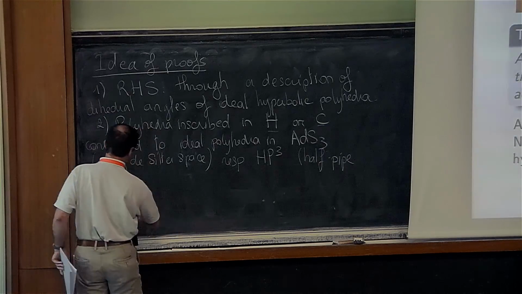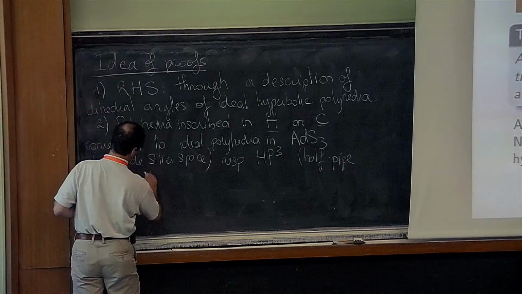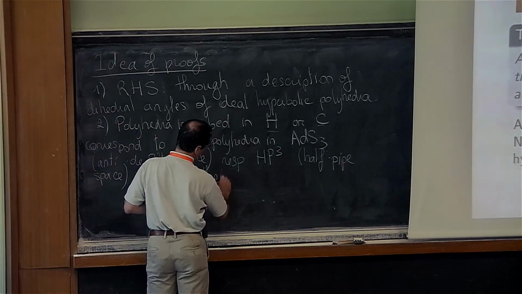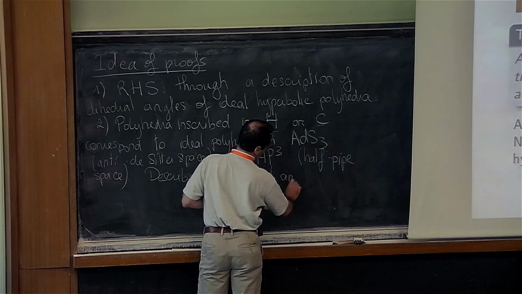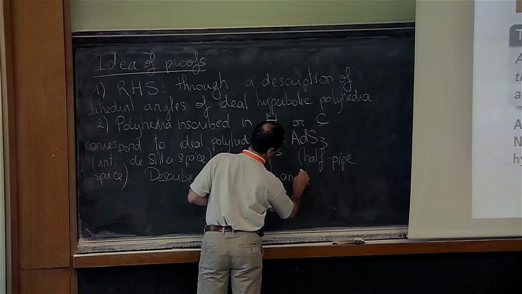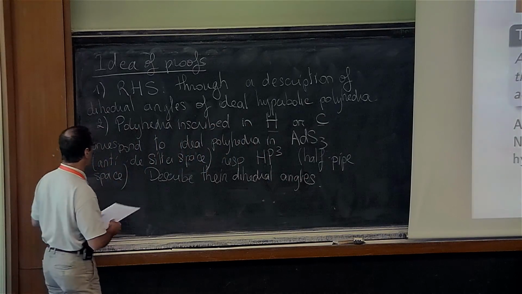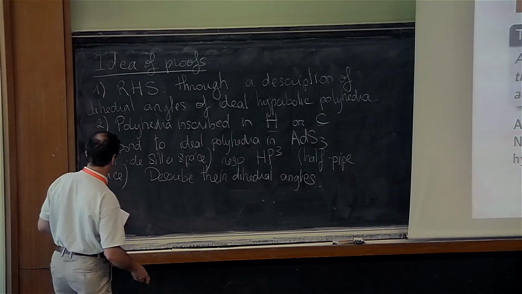And then what we're going to do is describe their dihedral angles. There is a notion of dihedral angle for those ideal polyhedra, and we can describe exactly what the dihedral angles are, similarly to the description given for ideal hyperbolic polyhedra.